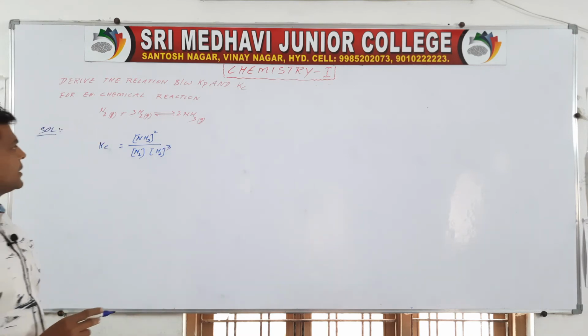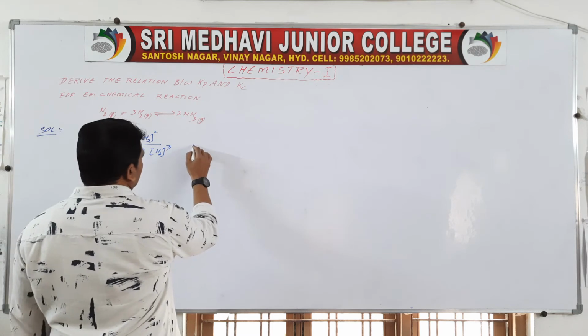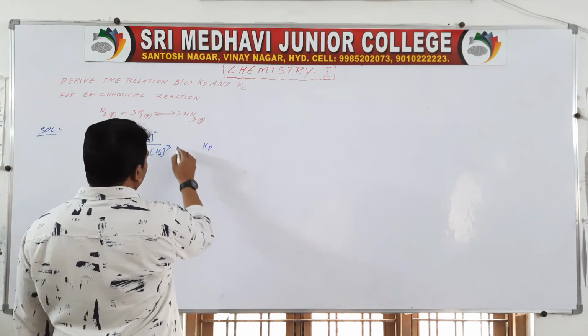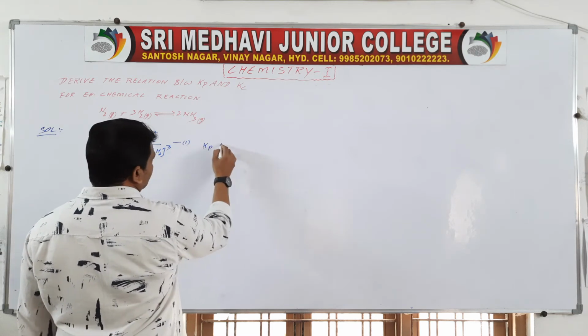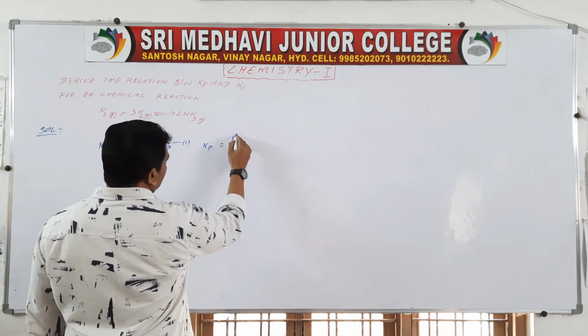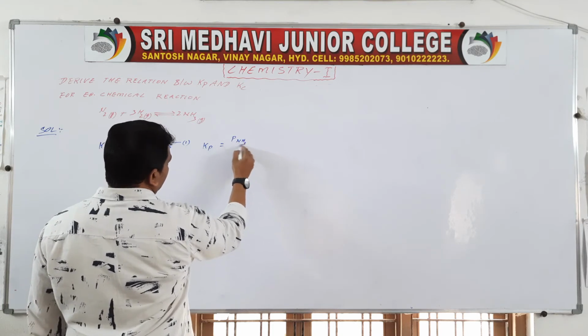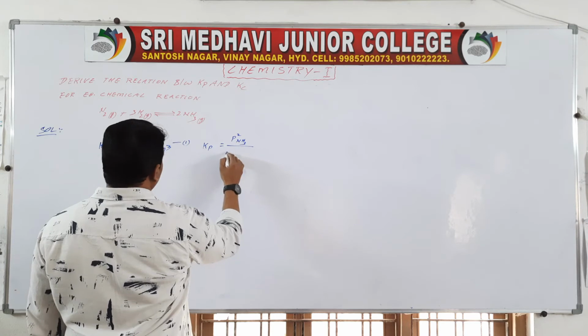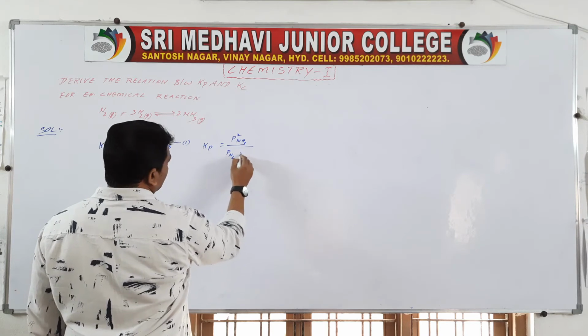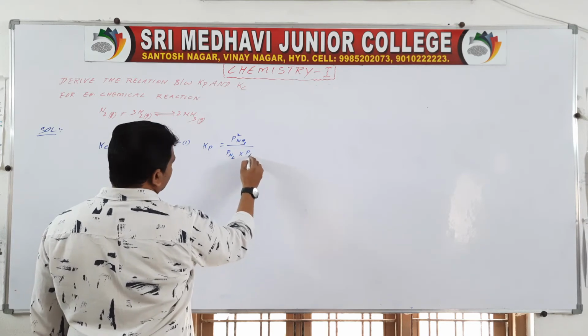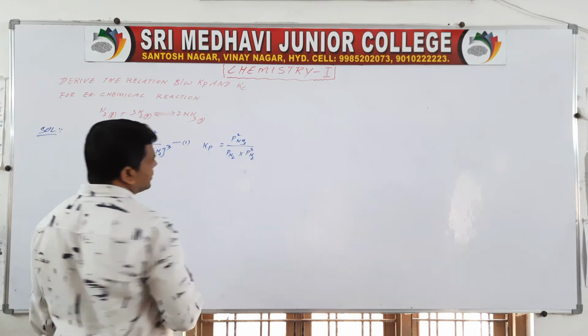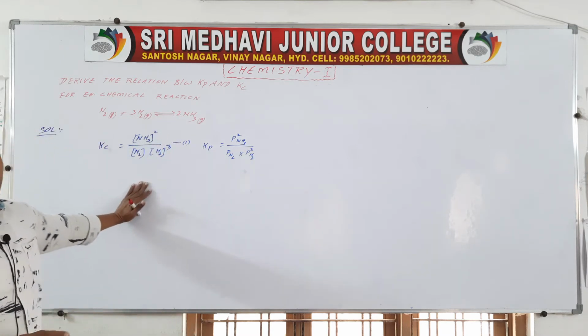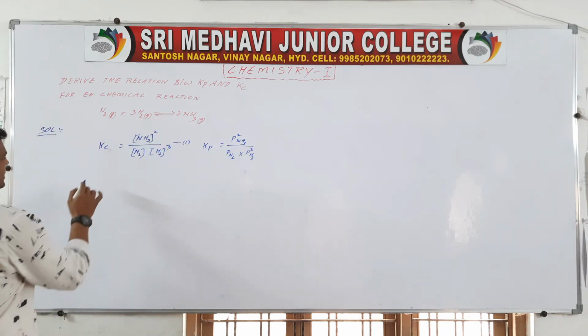Kp equal to, it is equation number 1, Kp equal to P NH3 square by P N2 into P H2 cube.